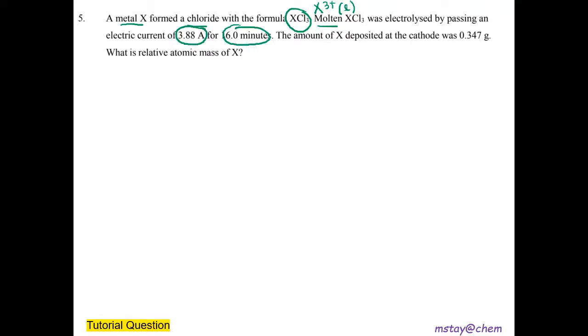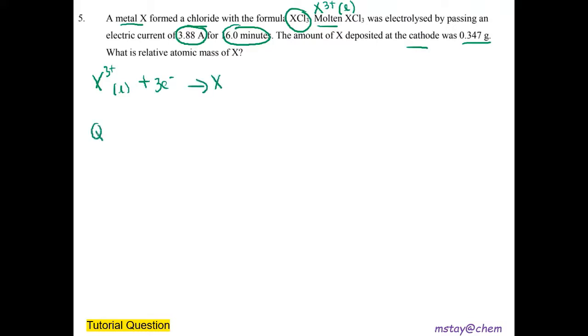The amount of X deposited at the cathode was 0.347 gram. So as usual, step number 1, we always write the half equation. X3+ liquid plus 3 electrons going to produce X.